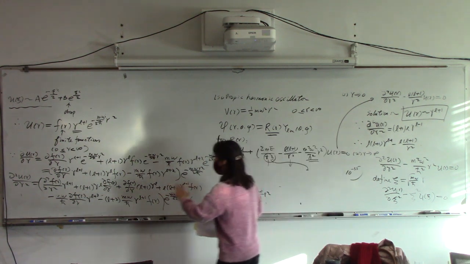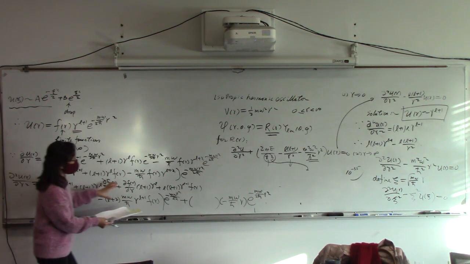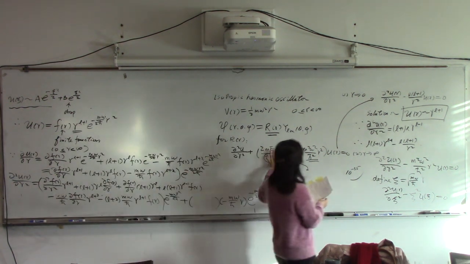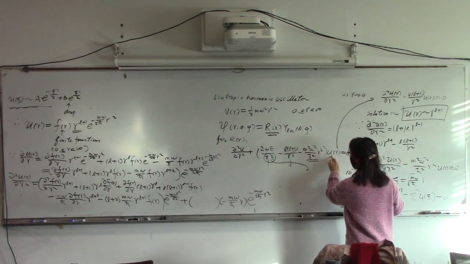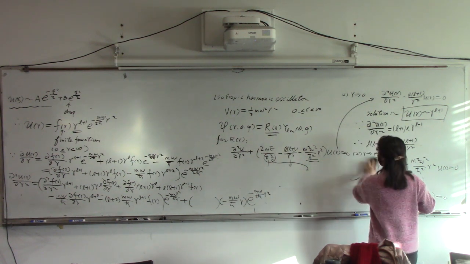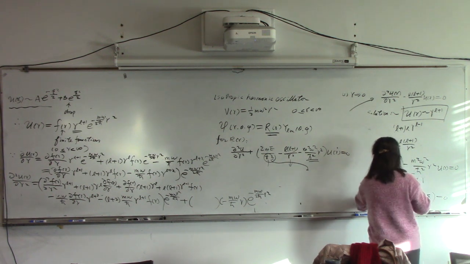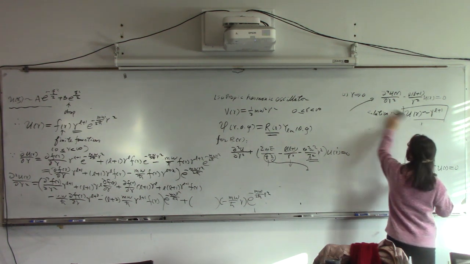So, a lot of terms, right? Now what we need to do is put those terms here, and this one has no derivative, and this one we replace by that. Then we will see some terms we can cancel, and some we combine together.